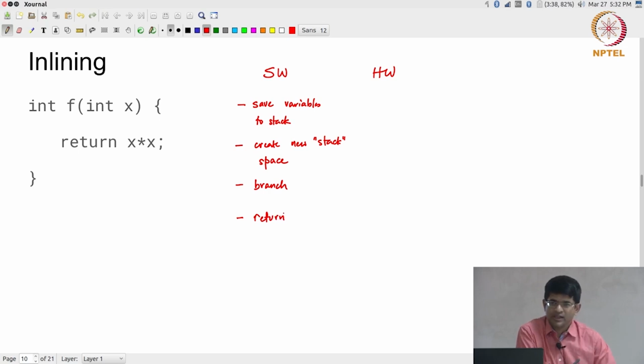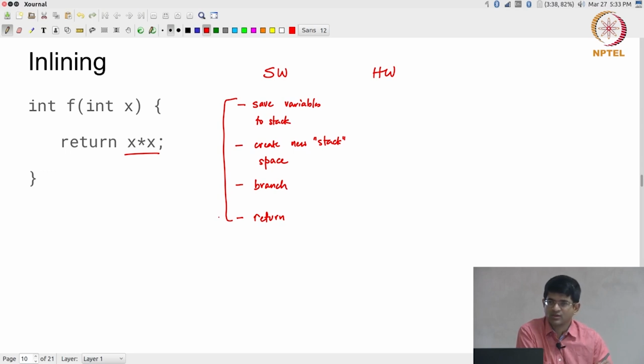Okay. So in other words, if you had something very trivial like this, you are just multiplying or squaring a number, the overhead that is associated with all of these steps is almost certainly far more than the time required for just computing that value. But from the point of view of writing code, it is still cleaner to write code like this.